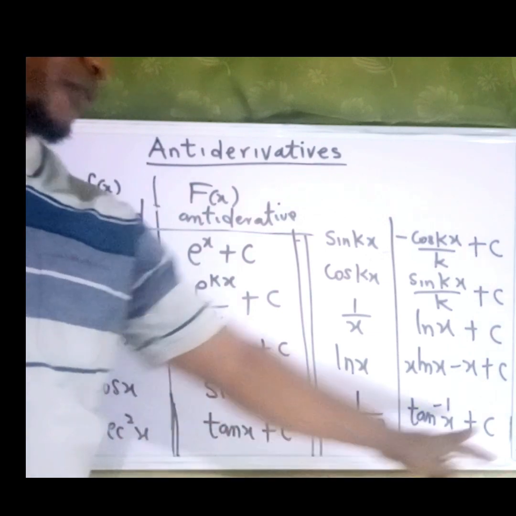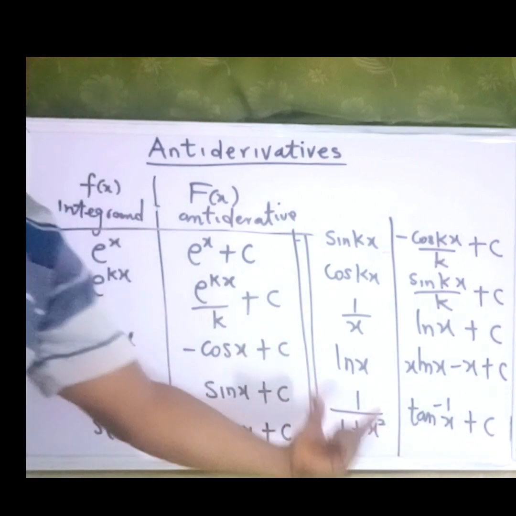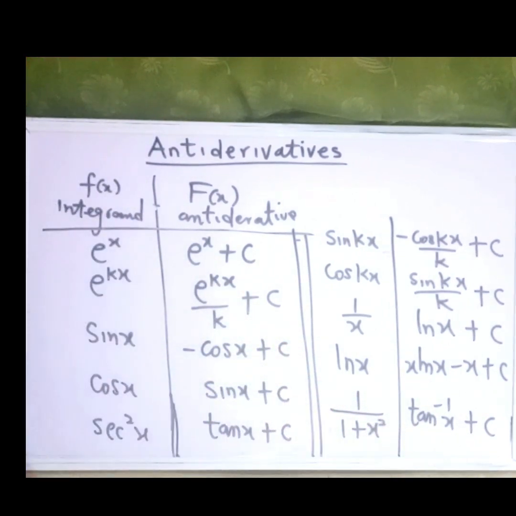And of course, when we differentiate the constant, it is 0. So we'll get exactly what we have here. So we have many forms of this, and there are textbooks where one can find the antiderivatives of some standard functions. There are numerous of them.